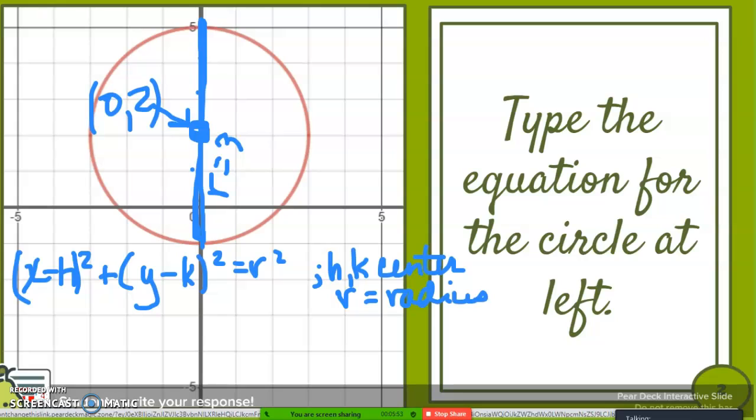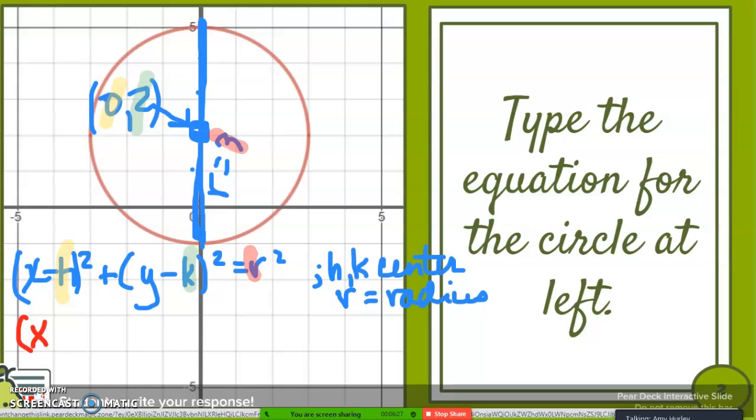So all I have to do is substitute 0 for h. I have to substitute 2 for k. And I need to substitute 3 for r. And when I make all of those substitutions, I will have my correct equation.